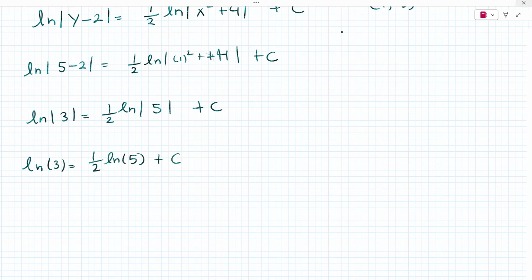And then go ahead and solve for c. Remember, if you have a number in front of the ln or of a log, that is like a power, so you can rewrite 1/2 ln of 5 as ln of 5 to the 1/2. And anything raised to the 1/2 is the same thing as square root, so this could be ln of square root of 5 plus c.